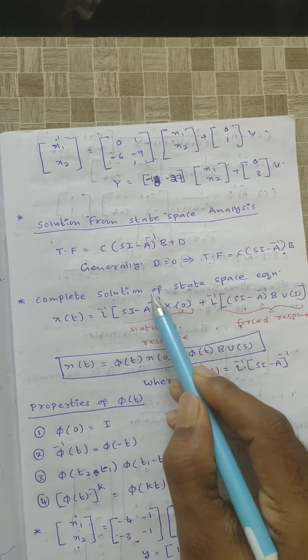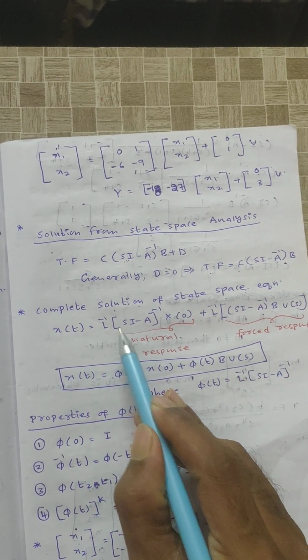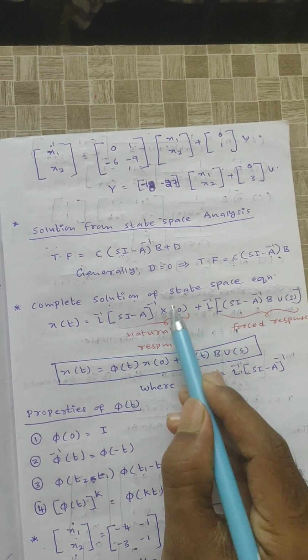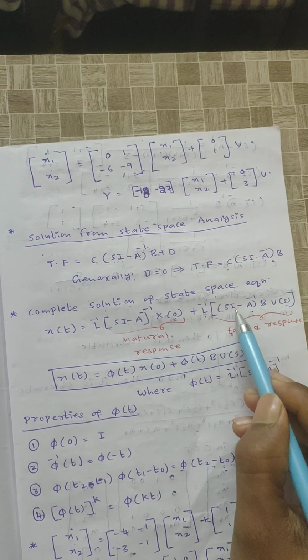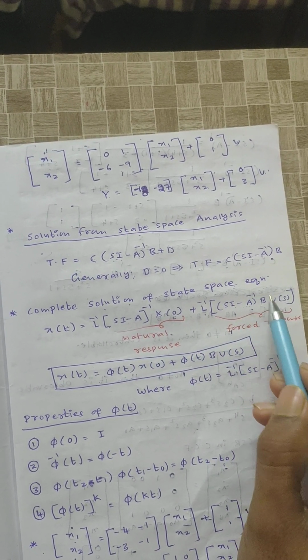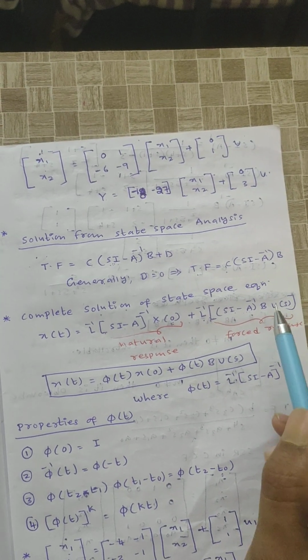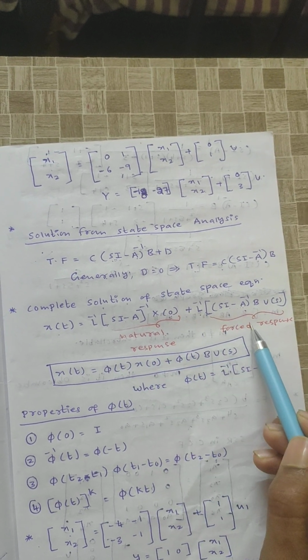If we want to find the complete solution of the state space equation, the formula is Laplace inverse of sI minus A whole inverse into x of 0, where this value will be mentioned in the problem, plus Laplace inverse of sI minus A whole inverse into B into U of s. That means the complete solution has natural response plus forced response.